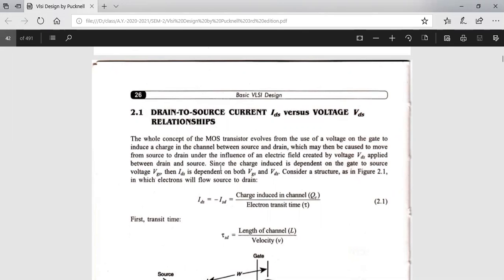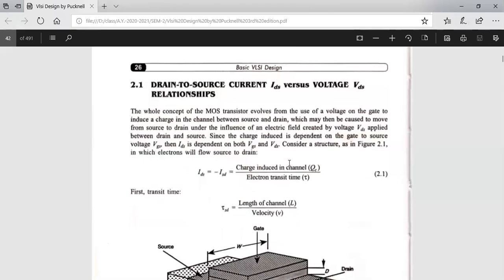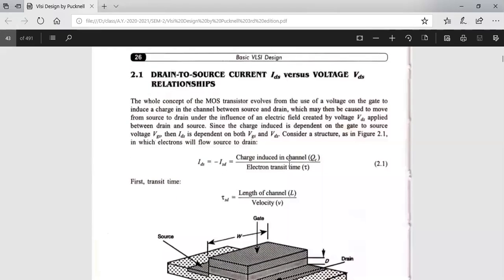We have to concentrate more on the gate to source voltage or gate to drain voltage, or else the charge induced on the gate with respect to the channel.